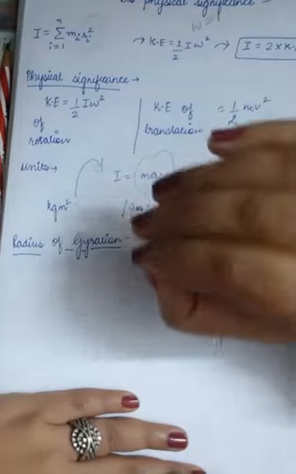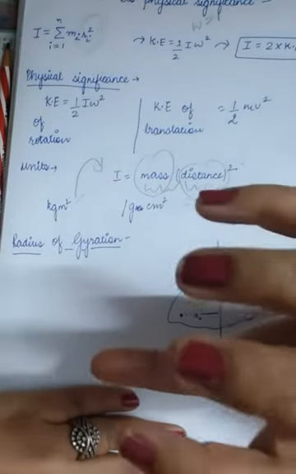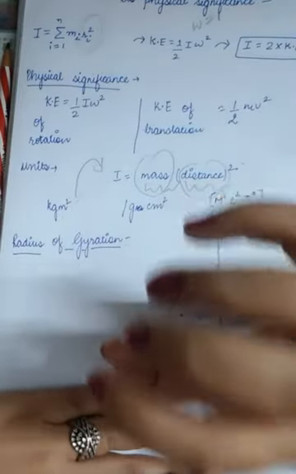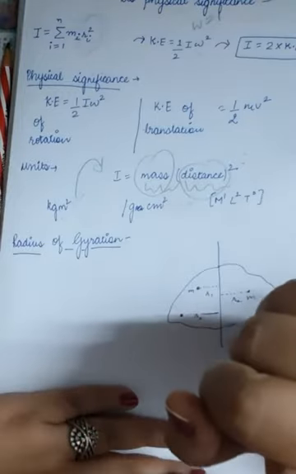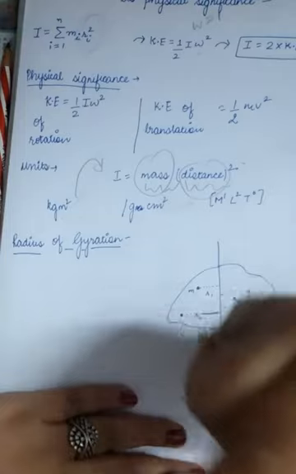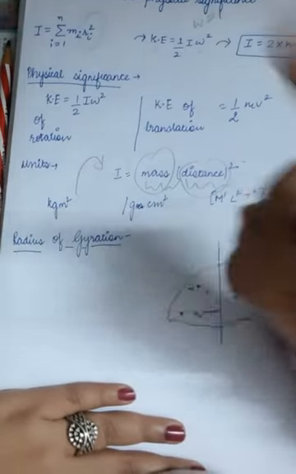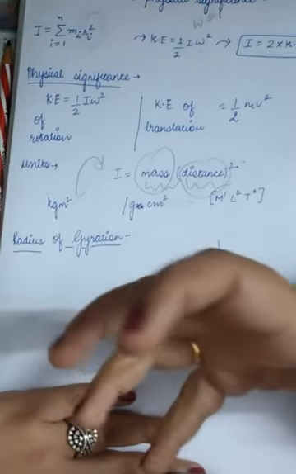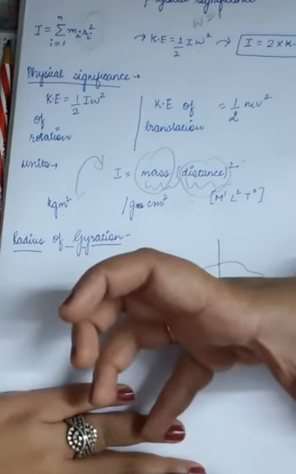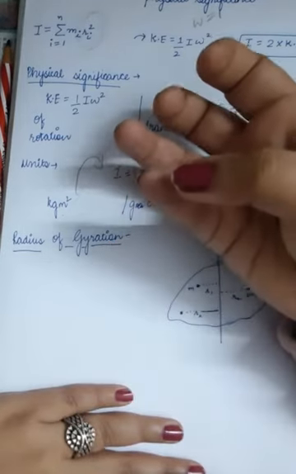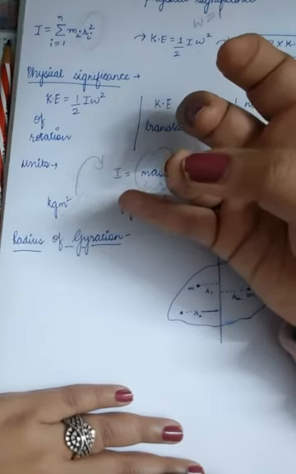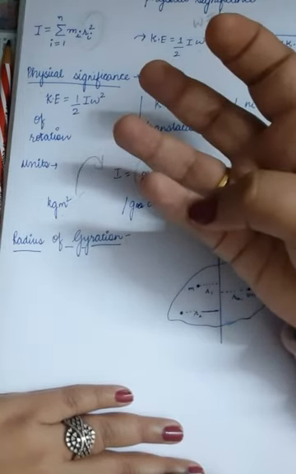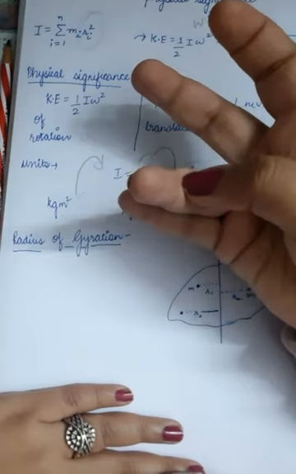So yes, when we consider rotational motion, we need to consider that it doesn't only matter how much force we are applying. It also matters where we are applying the force, right? So what is the rotational analog of force? It is torque. And what is the rotational analog of mass? It is moment of inertia.